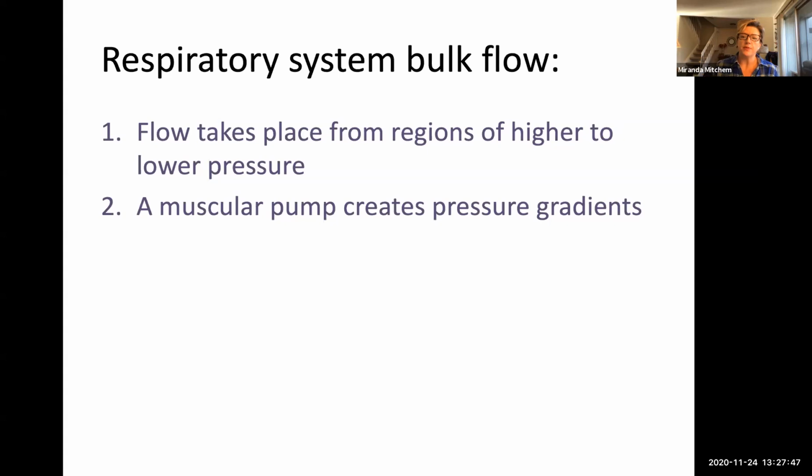And we have a pump that is important in helping to create pressure gradients in our body. We're also going to learn about the importance of the difference between the atmospheric pressure and what is in our body, because that's a very significant difference. So that also contributes to this bulk flow movement along gradients.